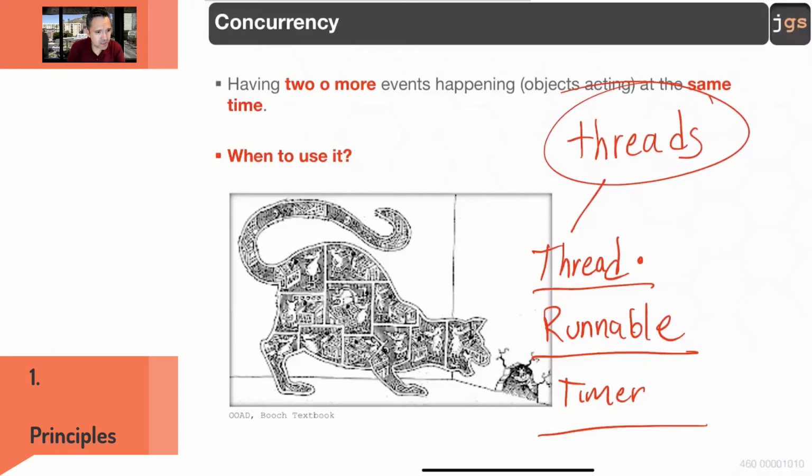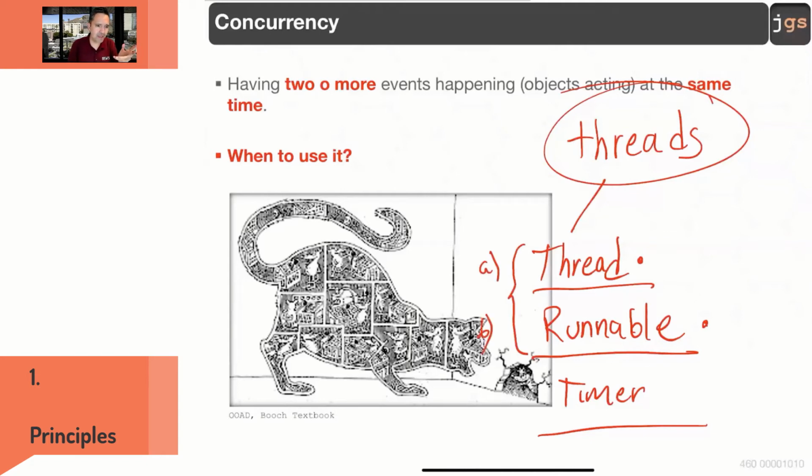Option number two, we have an interface Runnable. And those two can work together. The class Thread alone, or the class Thread with the interface Runnable, option one, option two.